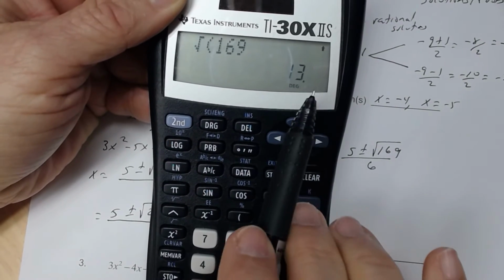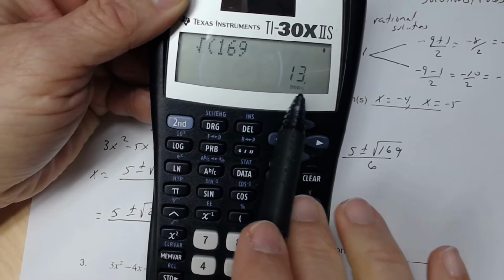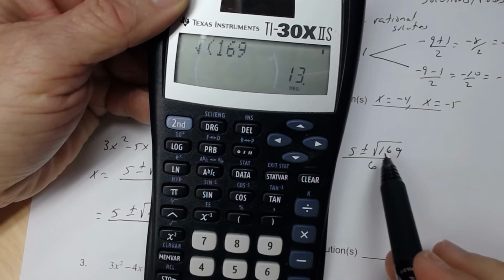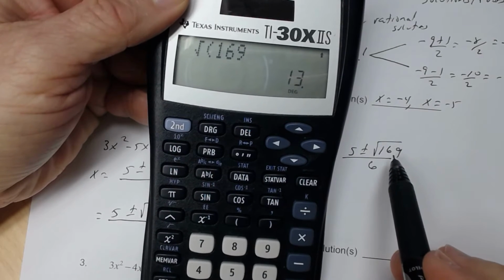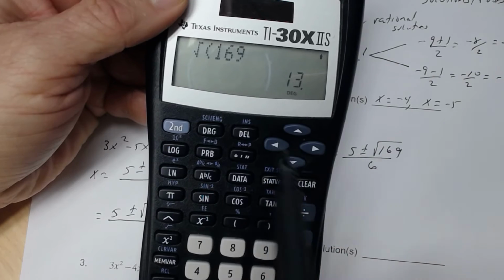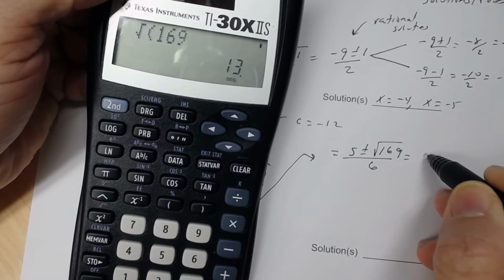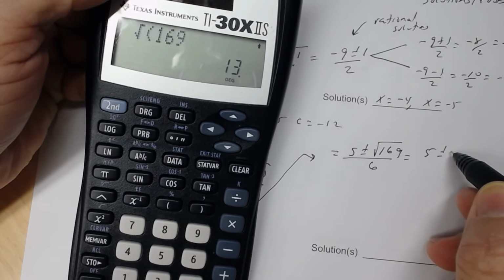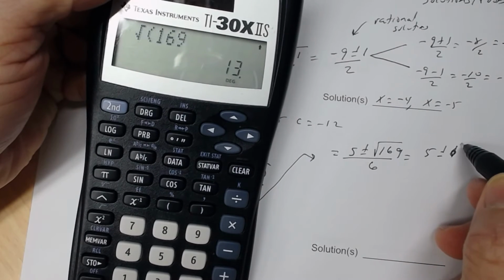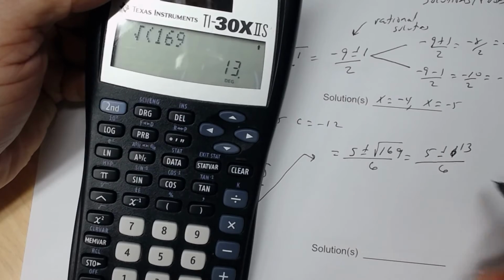And if you get a whole number, which I do, then I can simplify the square root of 169. So 169 is a perfect square because I ended up getting a whole number. So that's going to become 5 plus or minus 13, divided by 6.